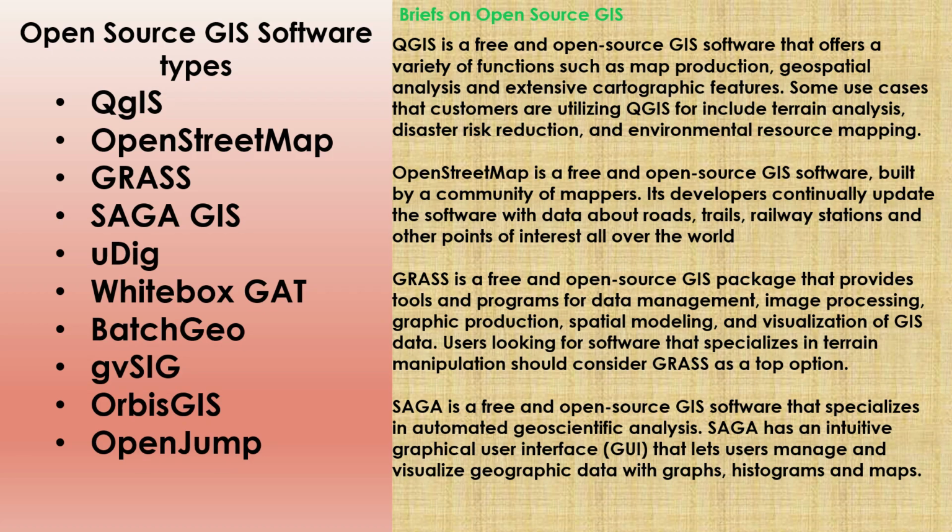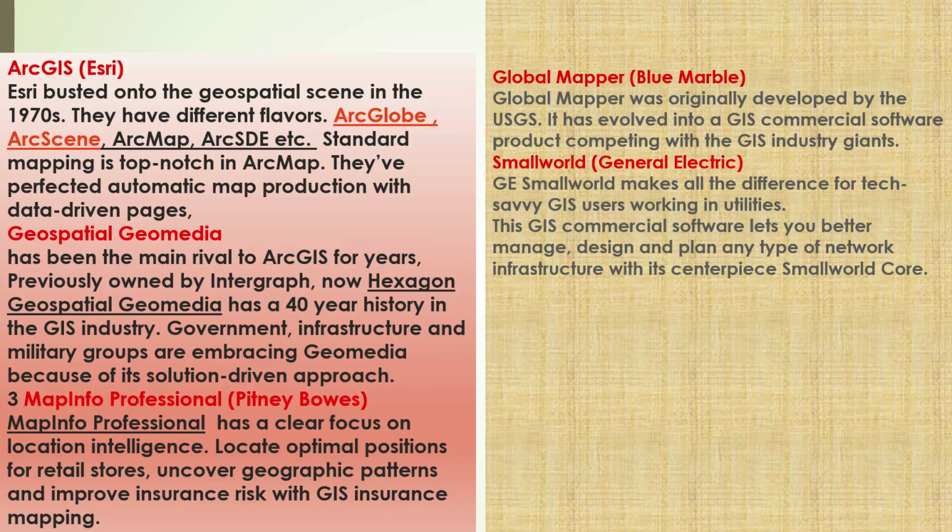In fact, QGIS is rivaling or competing favorably in terms of the functions and the analytical context with what you can achieve also in ArcGIS. So we are going to concentrate on QGIS in this lecture.